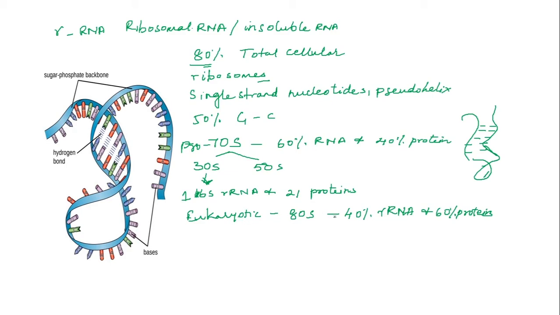And in this, it has a smaller subunit which is the 40S subunit and the larger one is the 60S subunit. The 40S subunit in turn has 28S, 5S, 5.8S and 5S rRNAs, plus it has 49 different proteins.